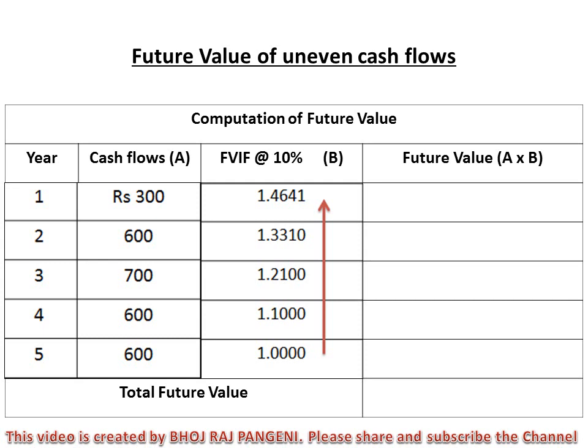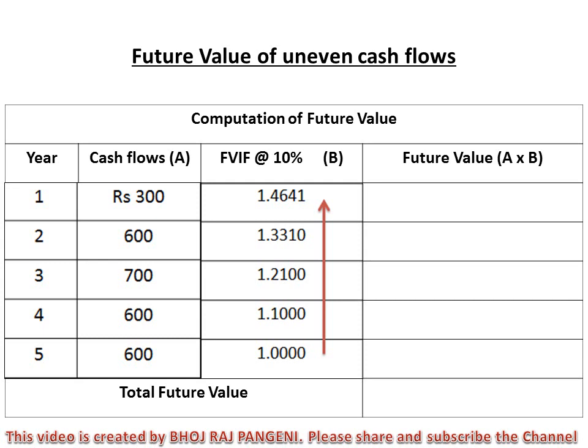Look at the arrow. At year 5, use 1.0000, and at year 4 use the factor 1.1. In year 4, the FVIF factor is for 1 year. For year 5, the FVIF factor is for 0 years, for year 4 the factor for 1 year, for year 3 the factor for 2 years, for year 2 the factor for 3 years, and at year 1 the factor for 4 years.